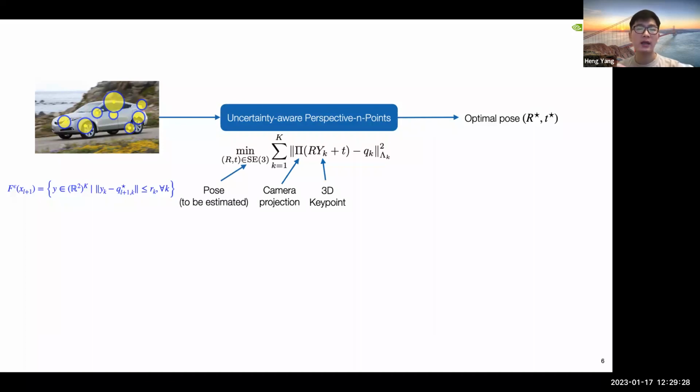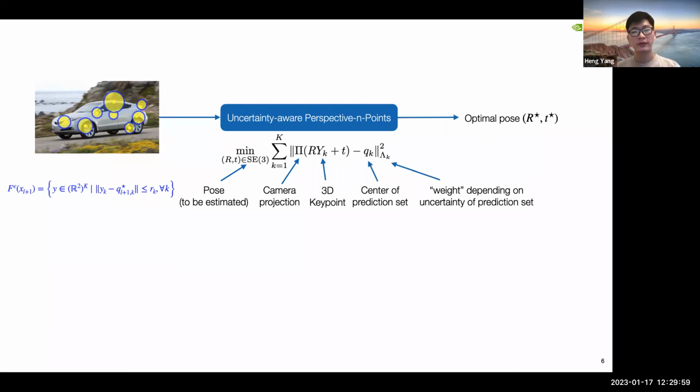So R times y_k plus t brings the 3D keypoint to the camera frame, and then you project the 3D keypoint to 2D, and you evaluate the distance from the reprojected keypoint to the predicted keypoint that we call q_k, which is actually the center of these balls. And of course, you want to do some nonlinear least squares, with some weight that is inversely proportional to the size of the prediction sets.